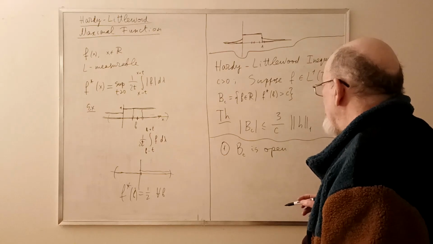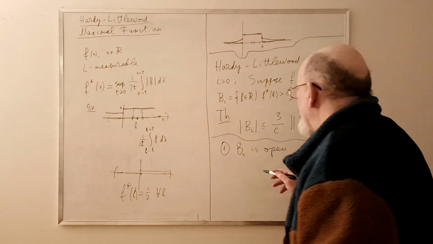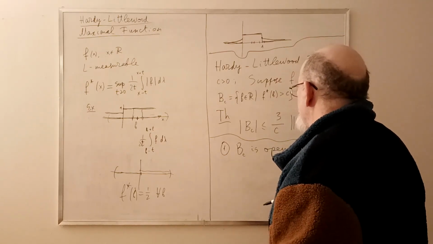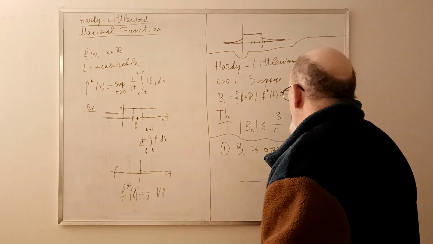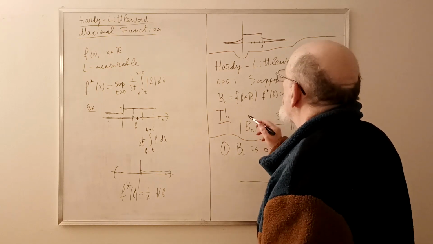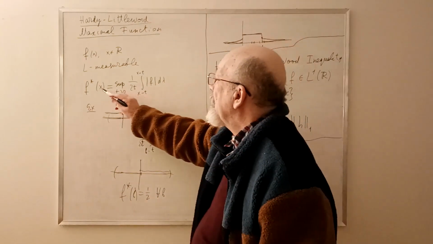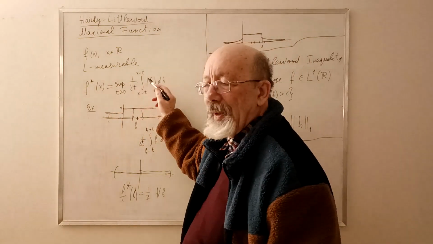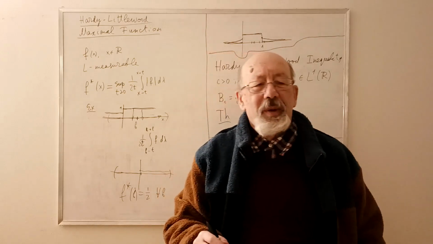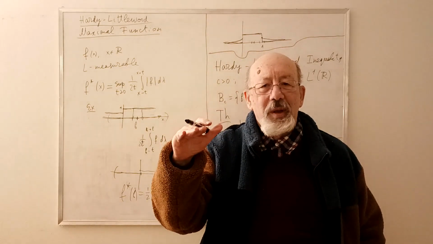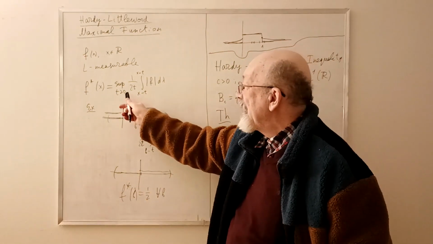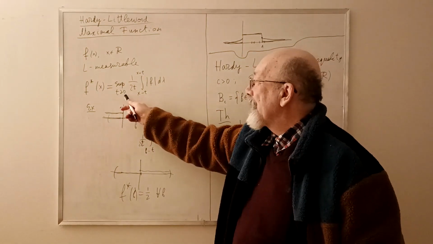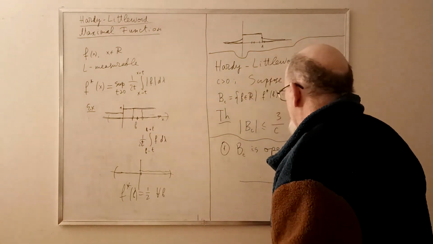It is already very good. So why is it open? We see f star of x is defined as a supremum. If we have a supremum more than c, then for some t, this is more than c.